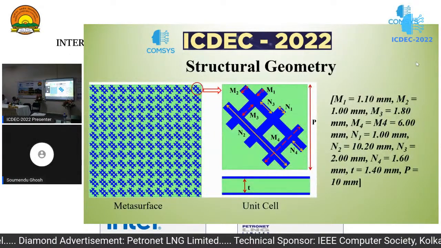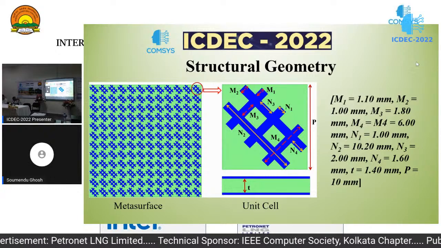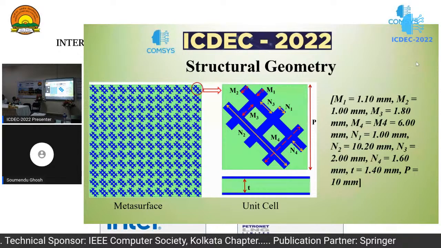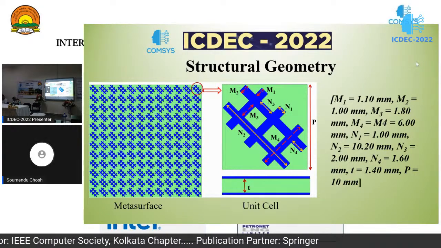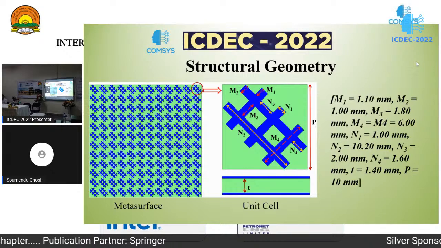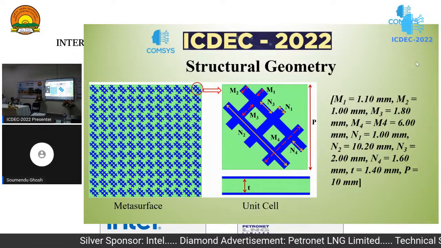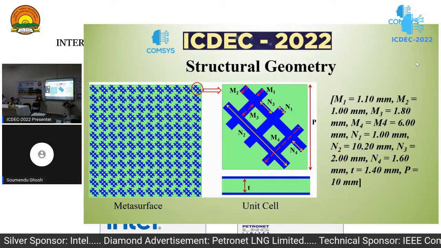Here, we have proposed a method of simultaneous linear to linear and linear to circular multifunctional polarization conversion. The metasurface is based on a unique fence-shaped structure, with an ultra-thin substrate of 1.4 mm.